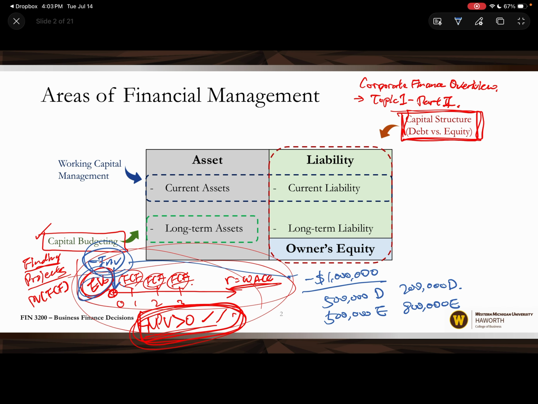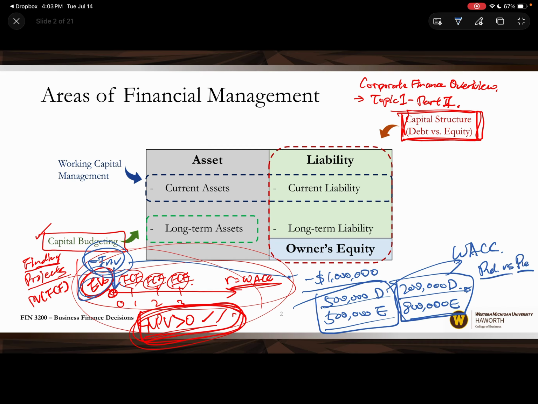Okay, so as you saw before, and as we're going to talk about, the ratio of debt and equity determines the WACC, right? Because the cost of debt and cost of equity, they're different, right? We've already established that the return on equity, or the cost of equity, is greater than the cost of debt.